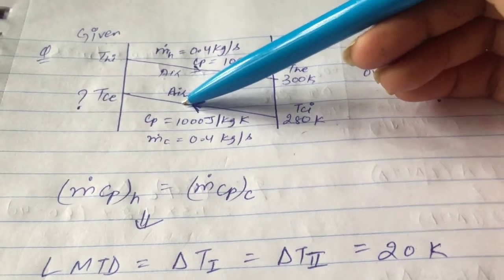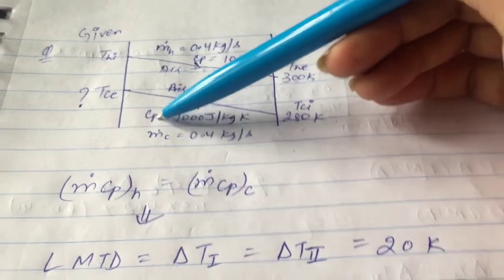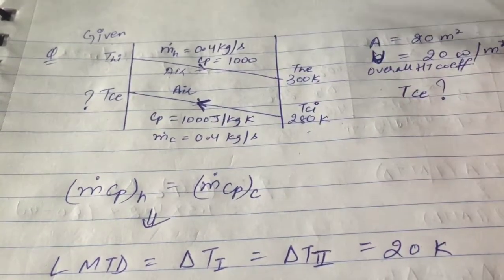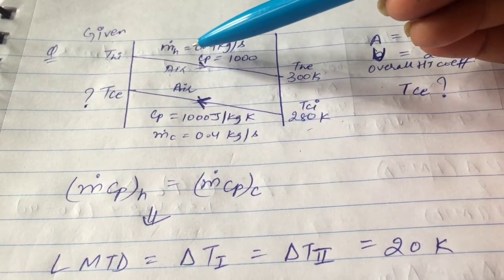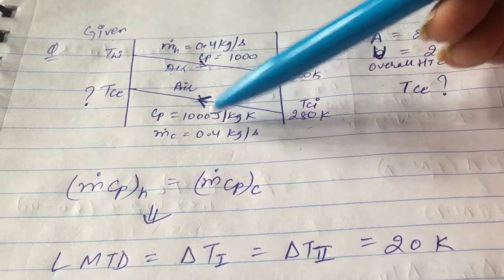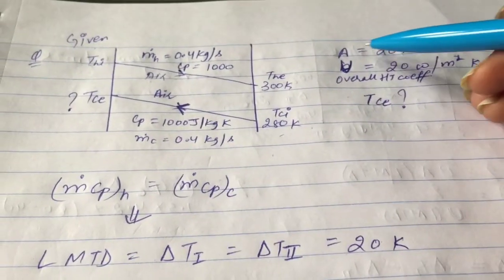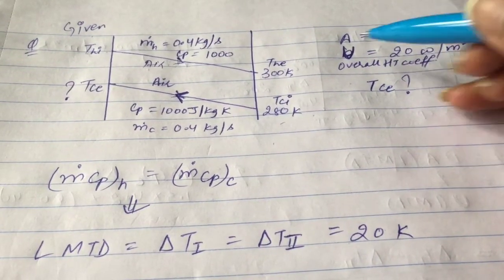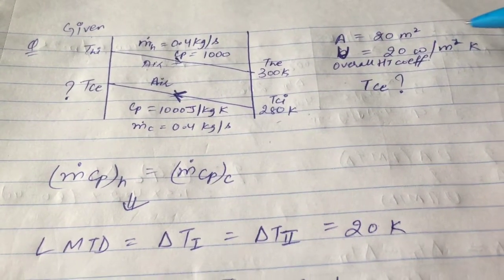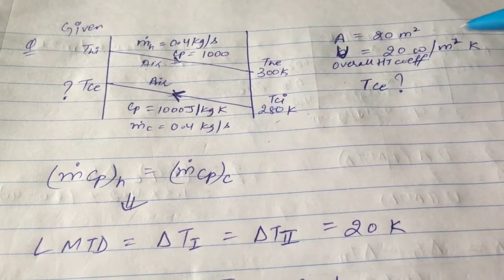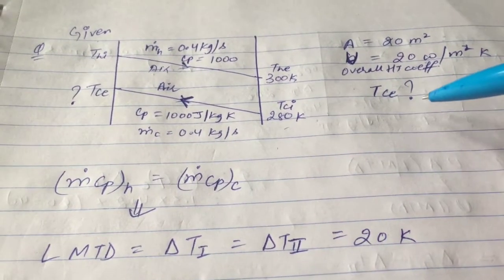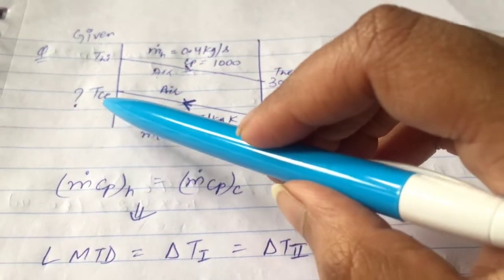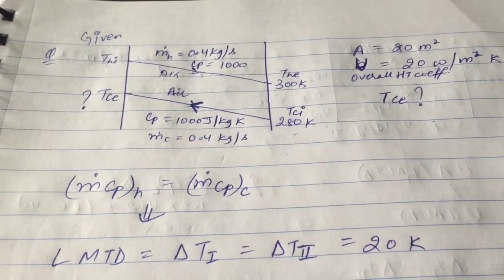For the cold air, Cp is 1000 and mass flow rate is 0.4. So as you can see, m dot Cp for both of these is the same. Area is given to us as 20 meter square. Overall heat transfer coefficient U is 20 watt per meter square Kelvin. We have to find our T_CE, the temperature of cold fluid exit.